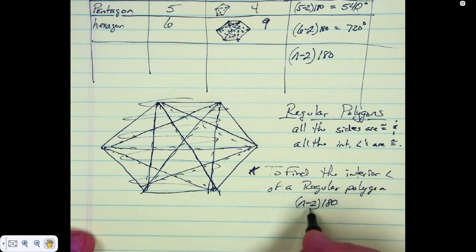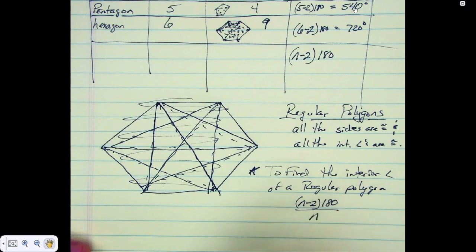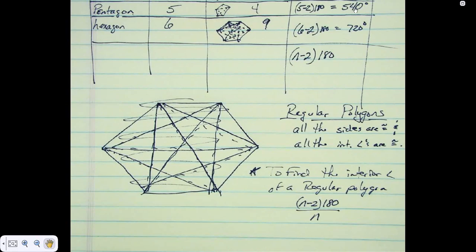Then if you divide it by the number of vertices, which is n, wouldn't that tell you what each angle is going to be? Put 3 in there. 3 minus 2 is what? 1 times 180 is what? 180 divided by 3 is what? And isn't that an equilateral triangle? Aren't all the angles 60?